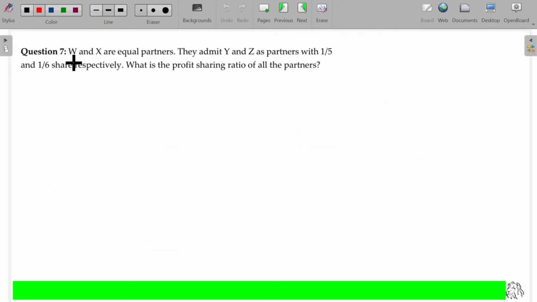Question number 7 is one of the interesting illustrations where two partners are parallelly joining. Equal partners, they admit Y and Z as partners for 1/5 and 1/6 share. So this is also the first type of ratios. Let the total profit be 1.